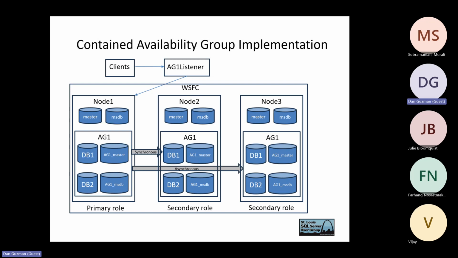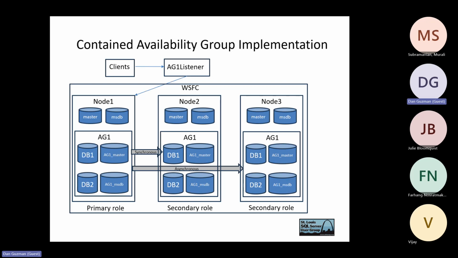This is the similar diagram that I had earlier, except that it shows the availability group scoped system databases. So the normal master and MSDB databases at the instance level still exist, but they're not really used when you connect to the availability group scope listener with the contained database. The contained database will point you basically to the primary node.